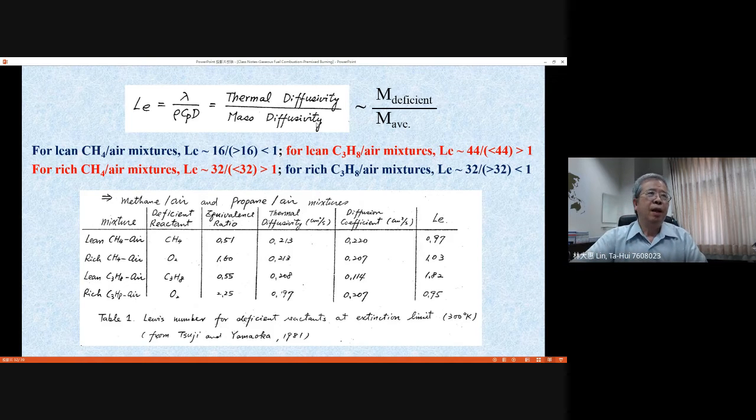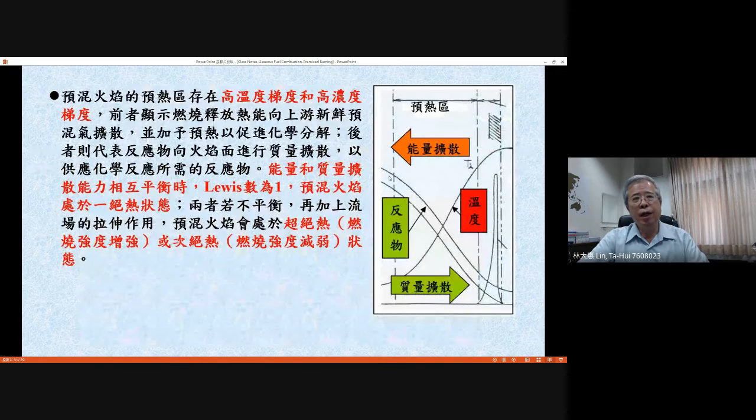Think about the mass diffusivity. Because now you have a premixture, go back to our previous flame structure. Here there are two concentration lines. One represents the abundant species. The other, smaller one, represents the deficient species. Usually the abundant one has a higher concentration compared with the deficient component.